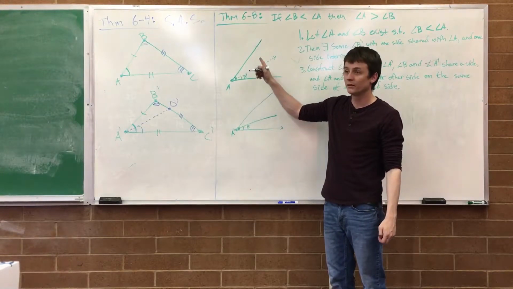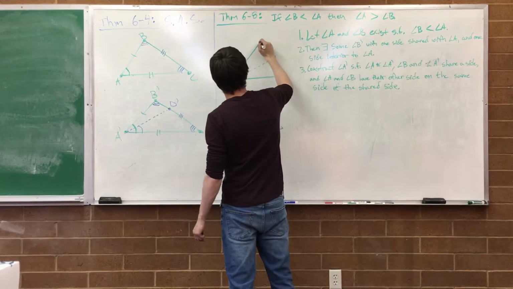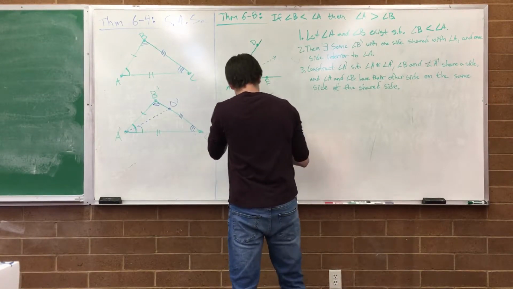We're going to name two points on angle A, on both rays. Call them D and E. Why not C and D?